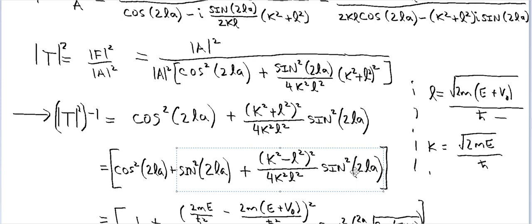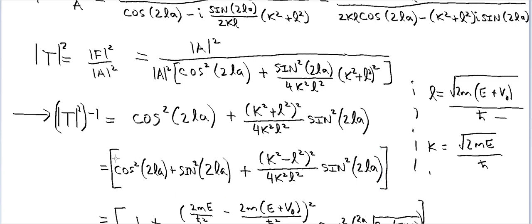So I can take out a sine squared of 2La. I don't know whether you really do this when I suggest that you stop and convince yourself that something is true, but here is probably a good point. Start with this and make sure that you believe that this is equal to this.